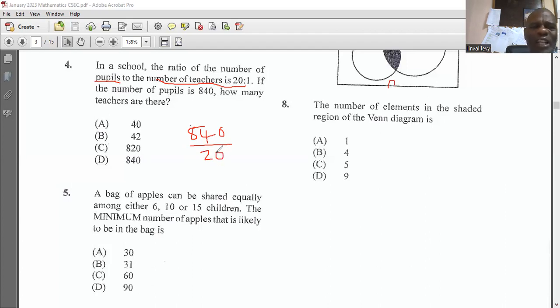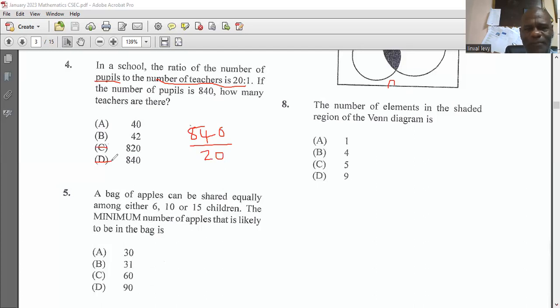Now, let's look at the answer. Common sense would tell us that your answer could not be C and could not be D, right? So common sense just eliminates those. Those are just out of this world, right? So you're either going to need 40 or 42, right?